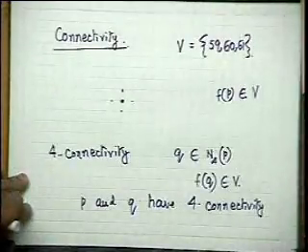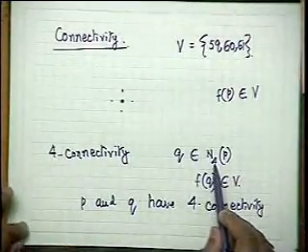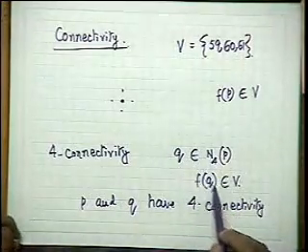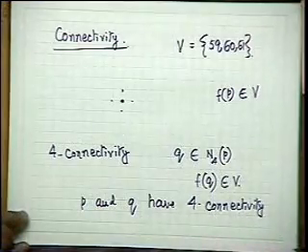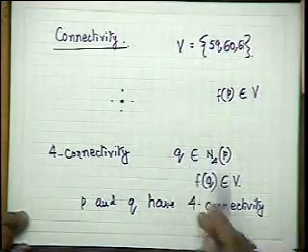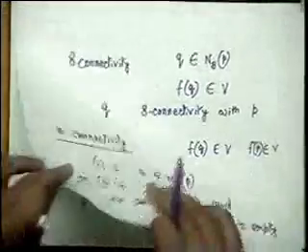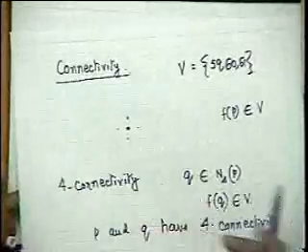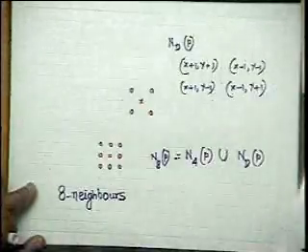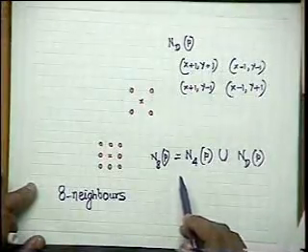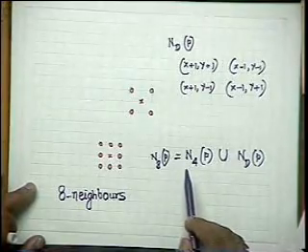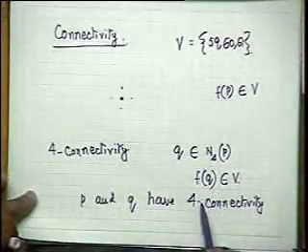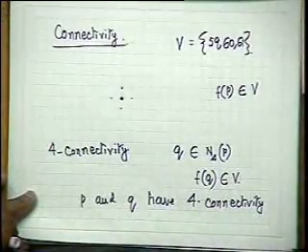So you are asking whether my definition of 4 connectivity includes that. This is the connectivity definition, but are you talking about the neighbor definition? You are not talking about the neighbor, so you are talking about 4 and 8 connectivity.